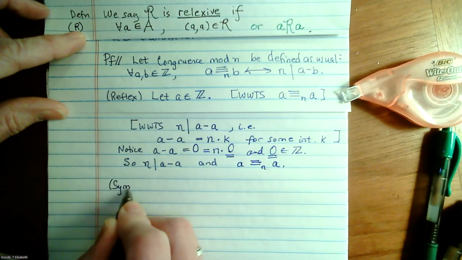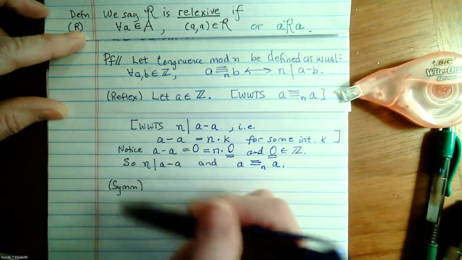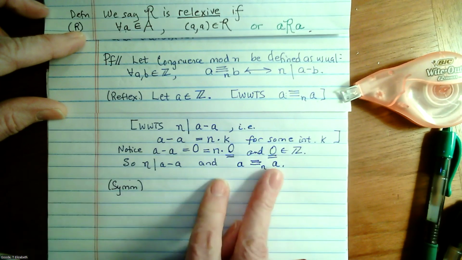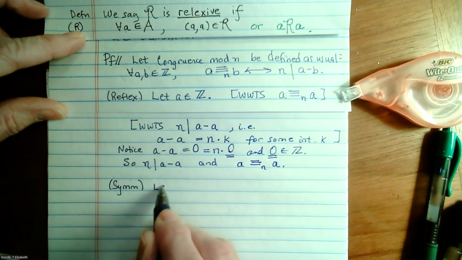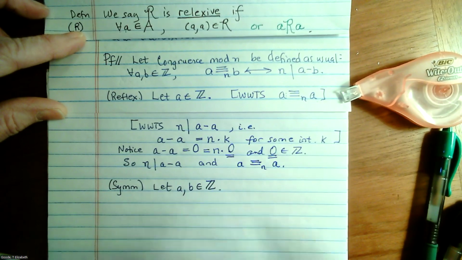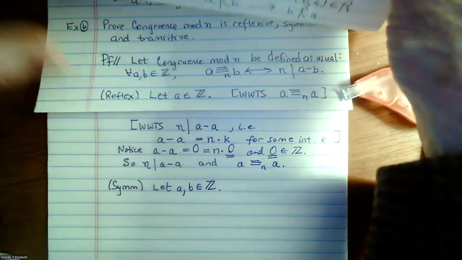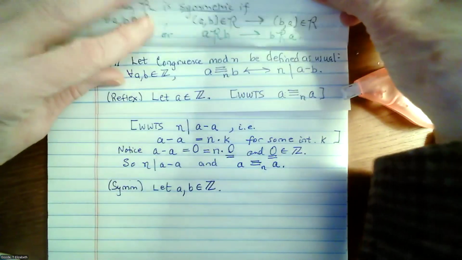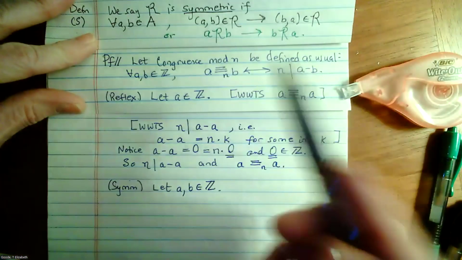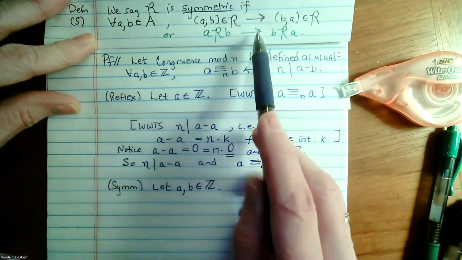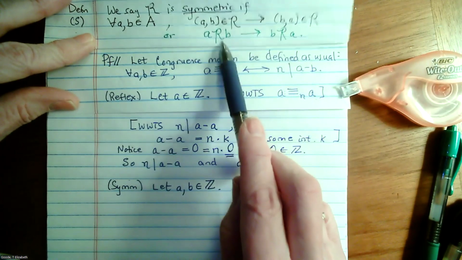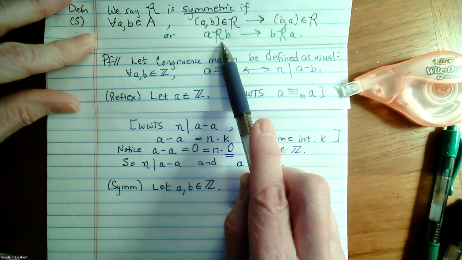All right, let's look at symmetry. Again, RST 1, 2, 3. To prove symmetry, we need two elements, okay? Let little a and little b be elements of Z. Now let's remind ourselves what symmetry says. Symmetry says if a is related to b, then b needs to be related to a. So we have an extra hypothesis when we're proving symmetry.